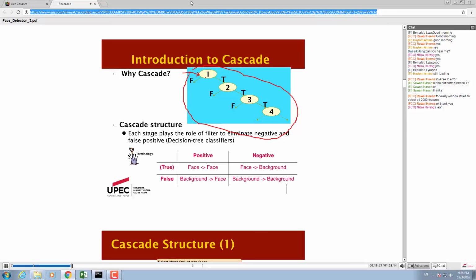So instead of processing all 2,000 at once, we process the classification partially, step by step, stage by stage, from the topmost one, stage 1, to the second stage, third stage, fourth stage. In other words, every stage is a classifier, even though it is not the final strong classifier, and not a weak classifier, but it is still a classifier.